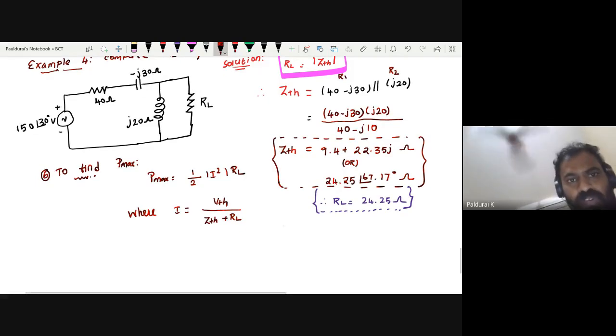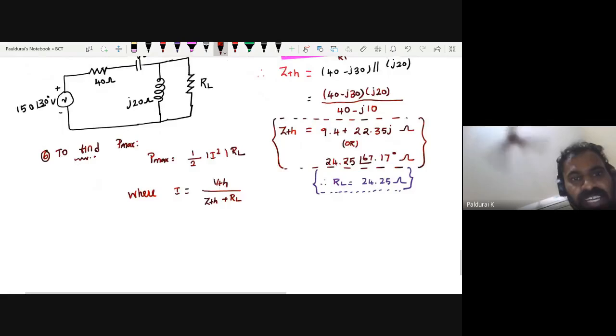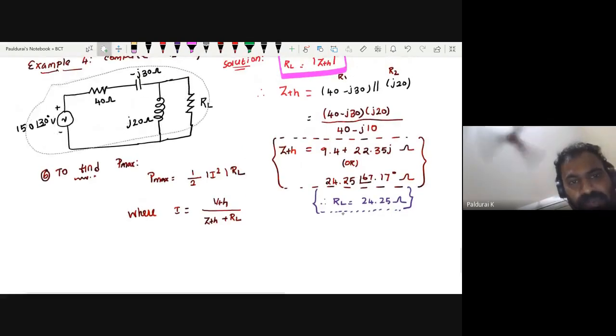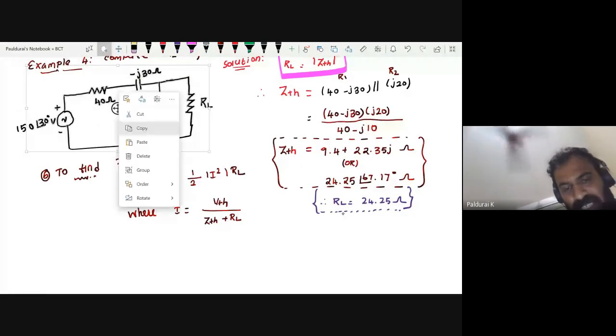So how will you calculate VTH? You know the procedure to calculate VTH.